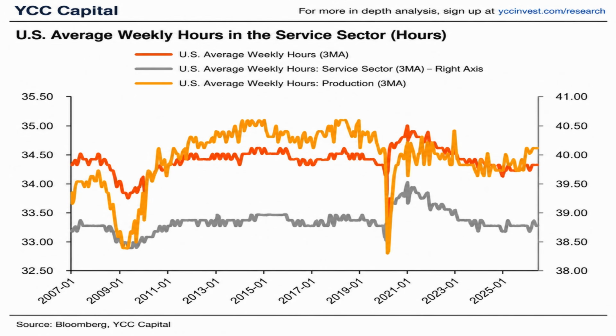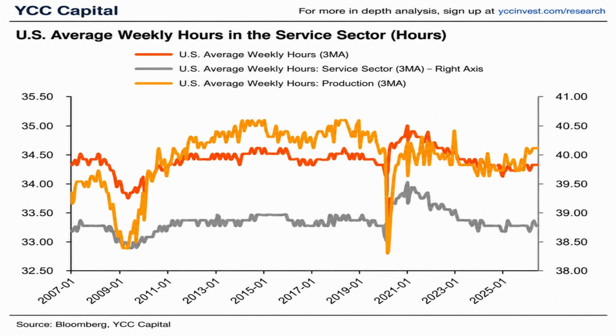Manufacturing hours remain under some pressure, reflecting weaker industrial activity and softer global demand. That's not surprising given the slowdown in goods consumption after the pandemic and the ongoing weakness in several export-oriented economies. Meanwhile, service sector hours have been considerably more stable.